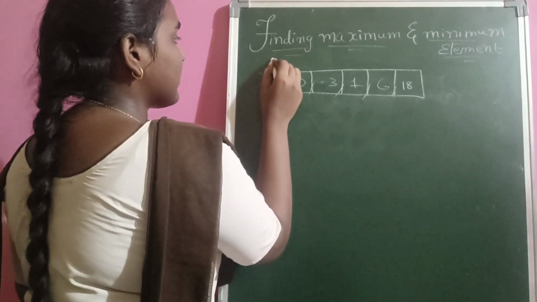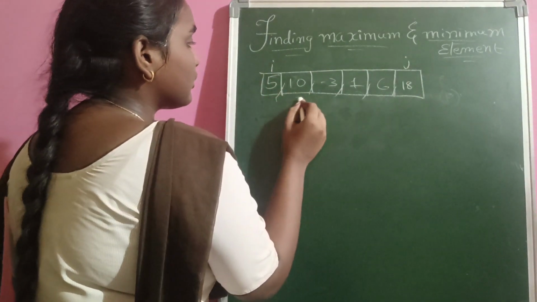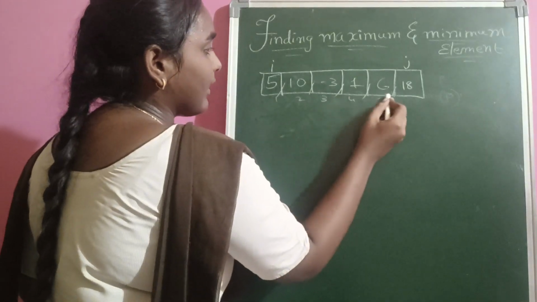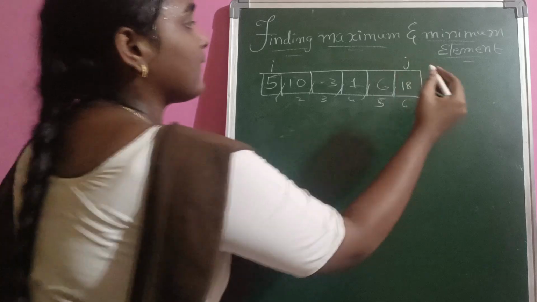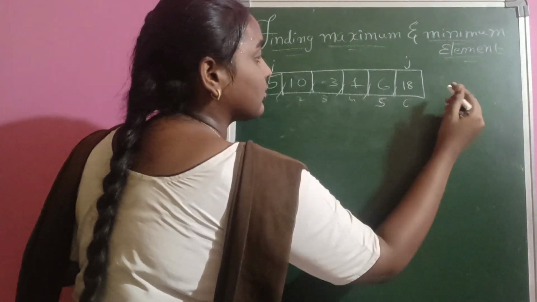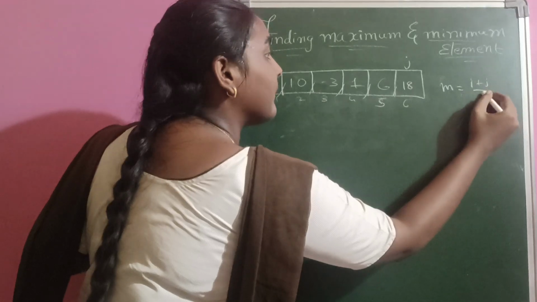Let us consider the first element as i and the last element as j, positions 1, 2, 3, 4, 5, 6. So mid is equal to (i plus j) divided by 2.